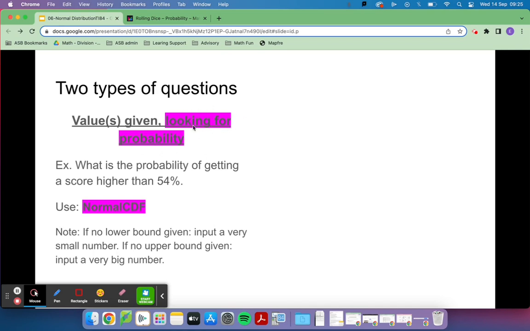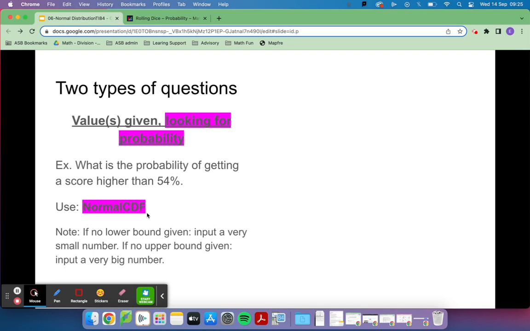You can have a question like, what is the probability of getting a score higher than 54%? For this type of question, you're looking for a probability, and probably earlier in the question, they gave you the information about your standard deviation and your mean. In your calculator, you're going to be doing what's called NormalCDF, and I'll show you what that looks like in a moment.